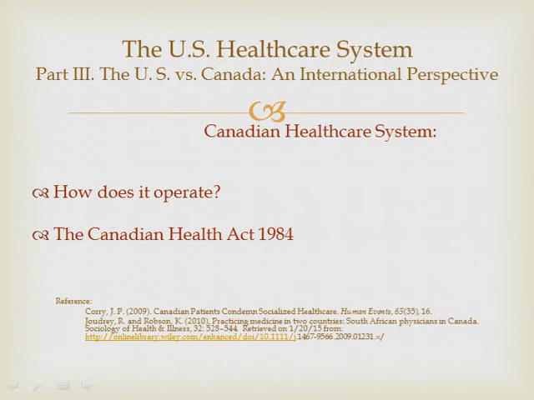And then the last element of the Canadian Healthcare Act is accessibility, that all citizens have access to healthcare and that all medical providers or physicians will be adequately compensated for their services.